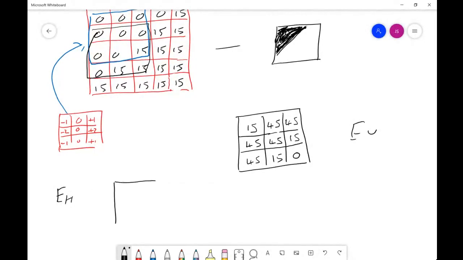And EH is going to be +1, +2, +1, -1, -2, -1.